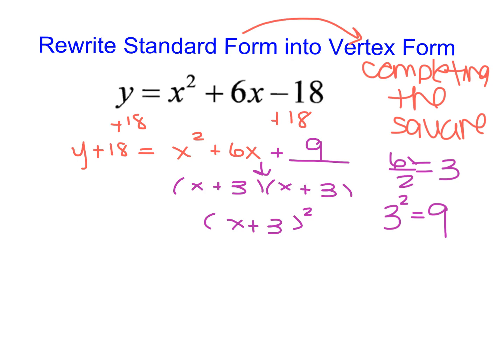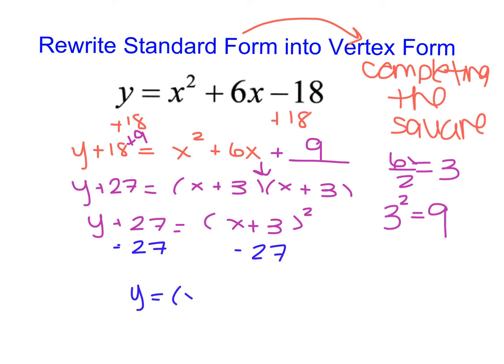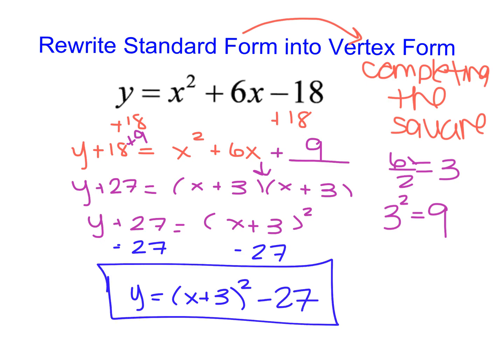Now, if I add 9 into one side of the problem, I also have to add 9 into the other. So this is going to become y plus 27 here on the left. And then to end the problem, I need to get y by itself. So I subtract 27 from each side, and we end up with y equals x plus 3 quantity squared minus 27. So again, we use completing the square to go from standard form into vertex form.